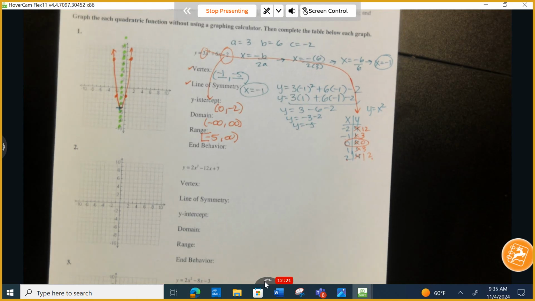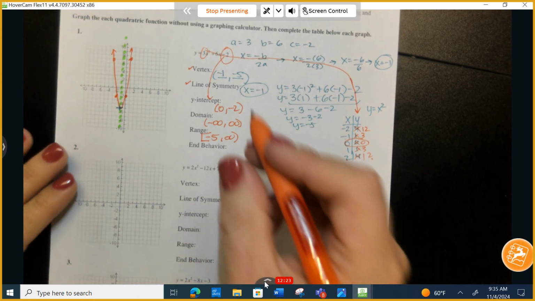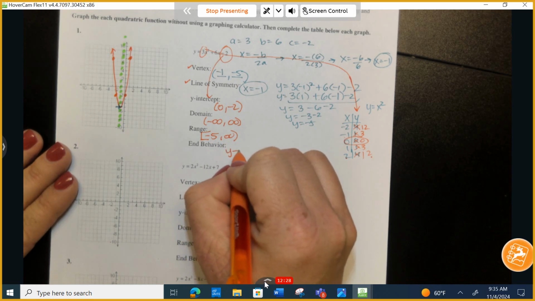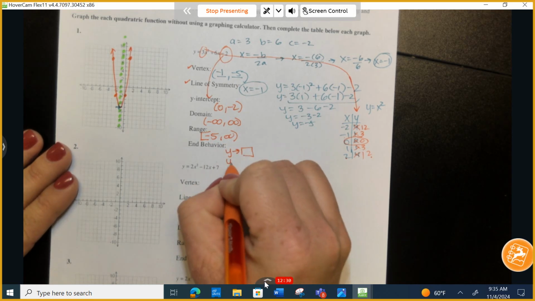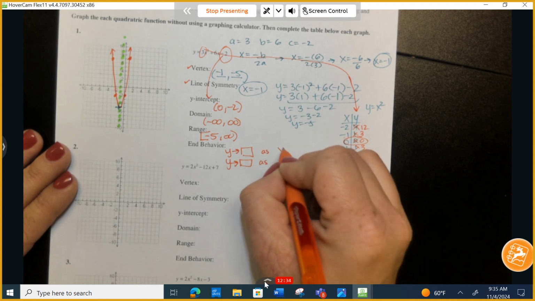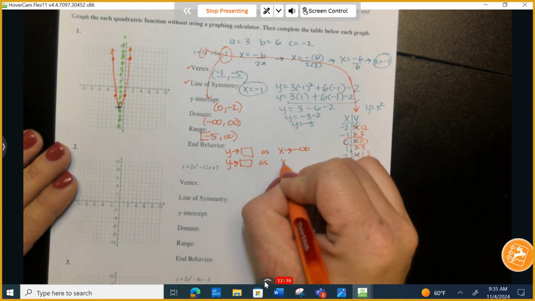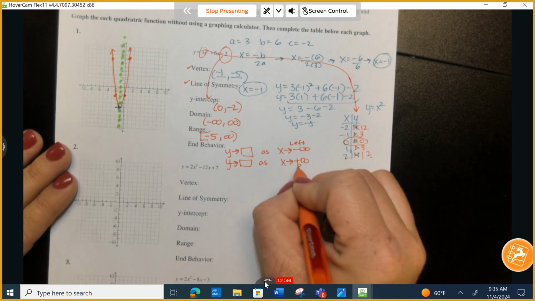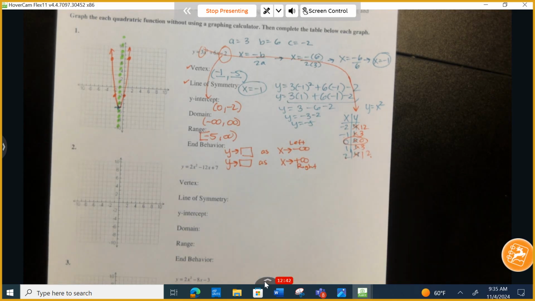We worked with end behavior way back in Unit 1 in August. Now end behavior is looking like this. So we're going to look at the very far ends, the far left and the far right, and we're going to predict what is happening.